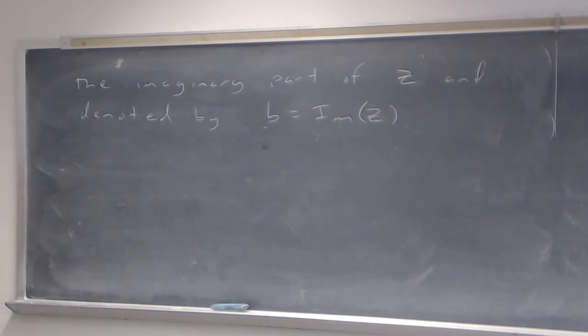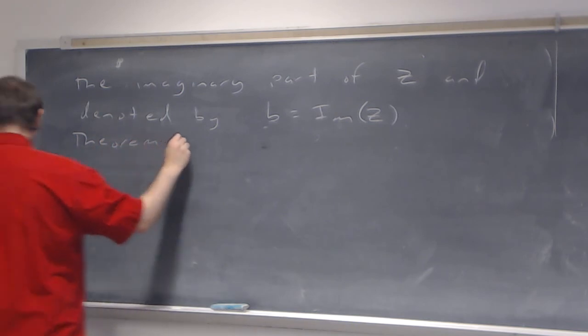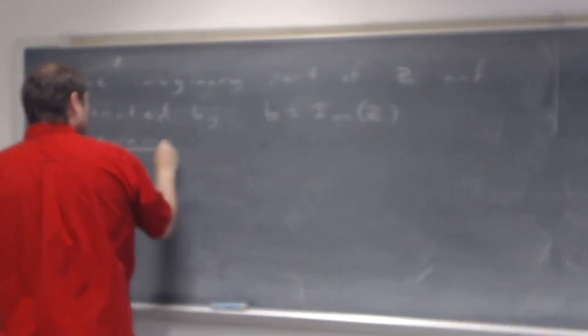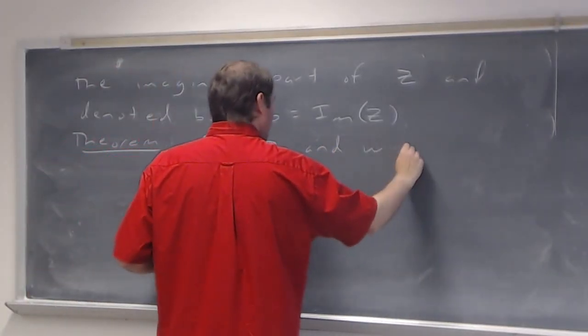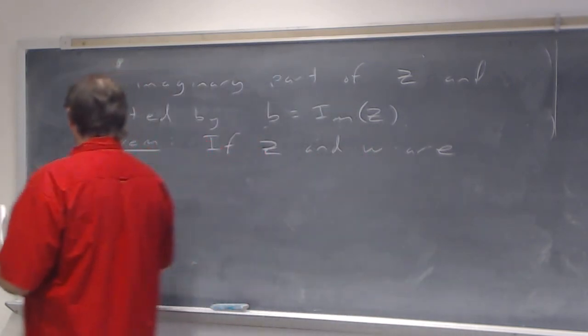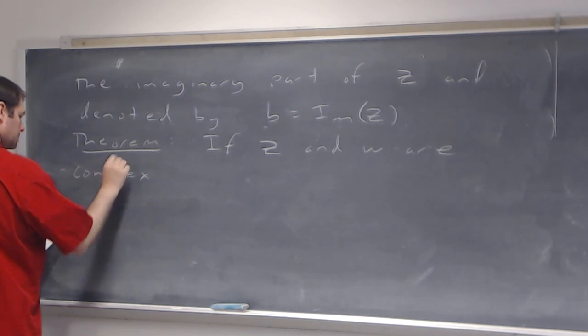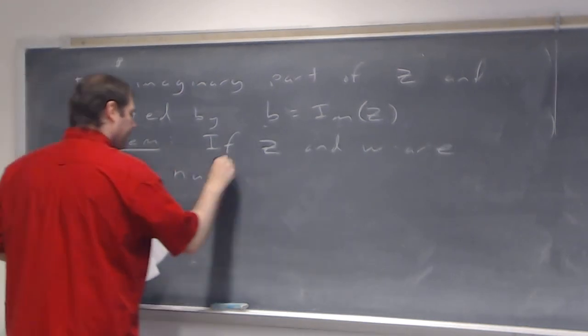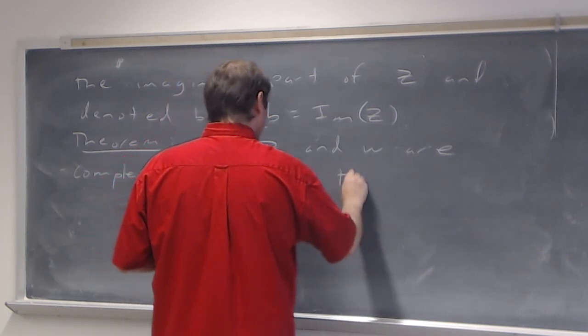Okay, let me at least write up a theorem and get maybe a part or two of it shown. But here's the theorem. It says, if Z and W are complex numbers, then here's what we have.